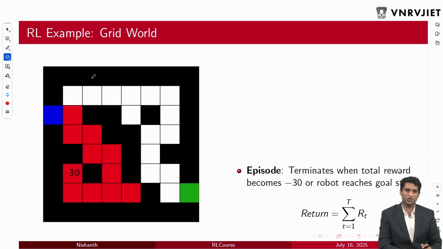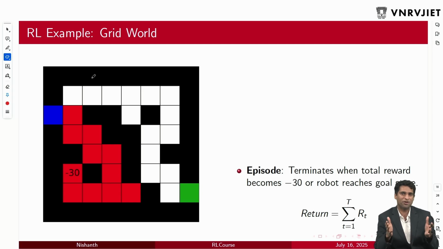Okay. So now that we have defined the whole example, there is a concept of episode. What we mean by episode is one trial of the agent trying to solve the task. And for every episode, we can define something as the return, which is the total reward that the agent gets throughout the episode.